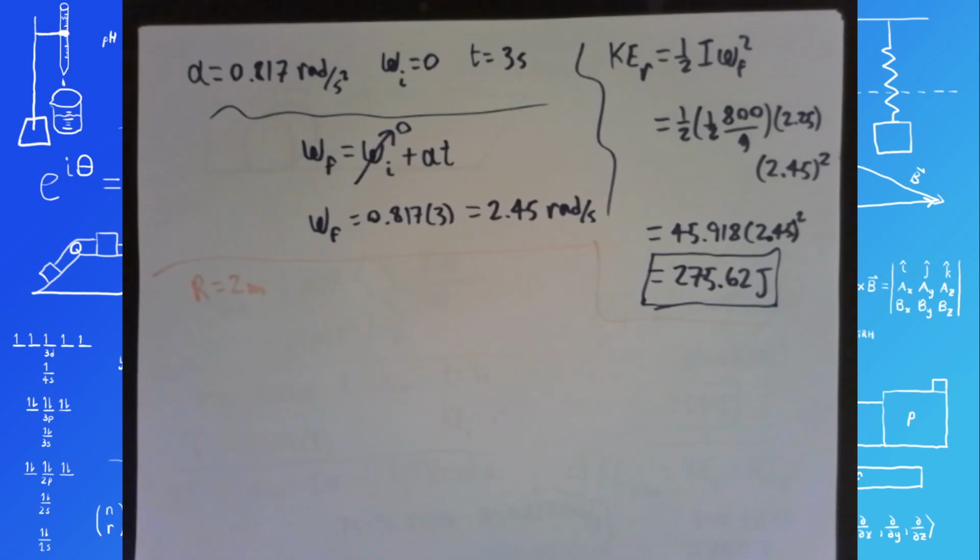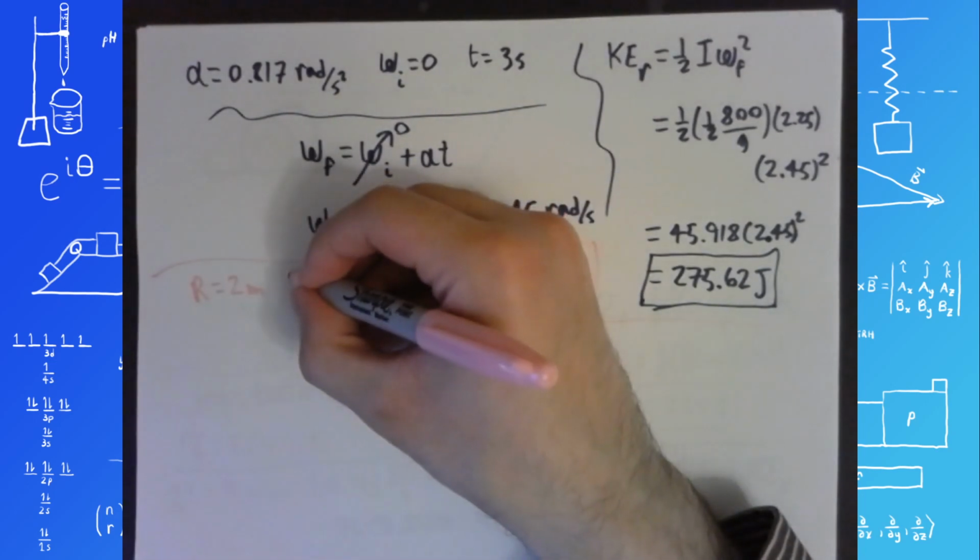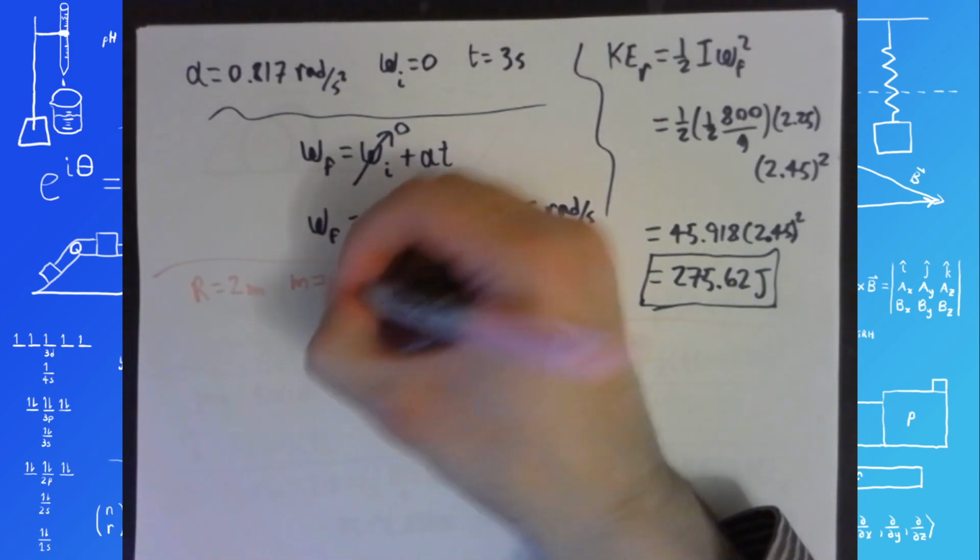If anything, it would be under the car. 4 meters wide, that is a lot. Huh. Anyway, it's got a radius of 2 meters and a mass of 500 kilograms.